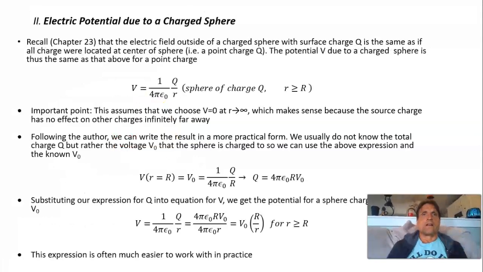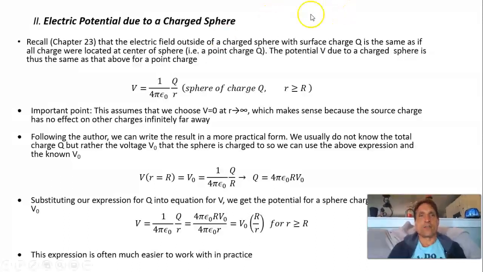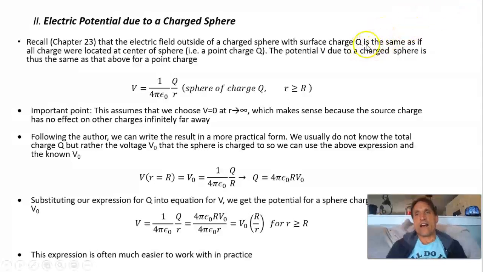We also found in chapter 23 that if you have a charged sphere with radius big R, and you place a total charge Q on the sphere, the electric field outside the sphere is exactly the same as if all of the charge Q on the sphere's surface were located at the center of the sphere.